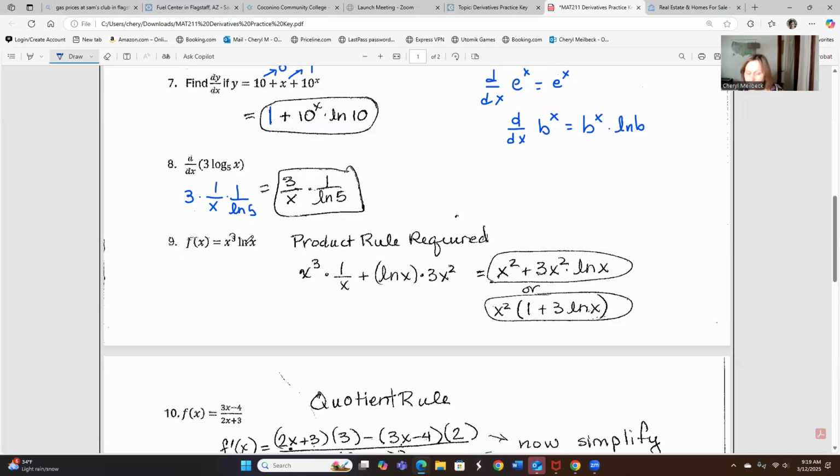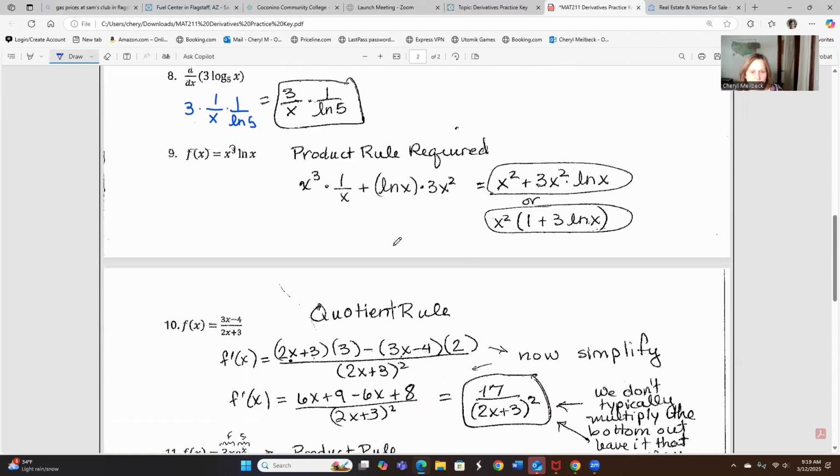Now, in this problem, we need to use the product rule because we have this x cubed times the natural log of x. So the product rule states that if you want to take the derivative of two functions, I'm going to call it f of x for the first function and times s of x for the second function.